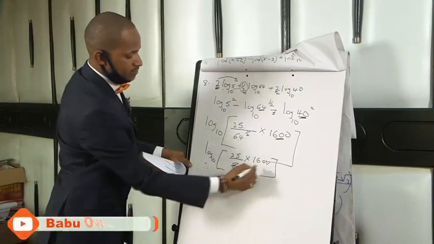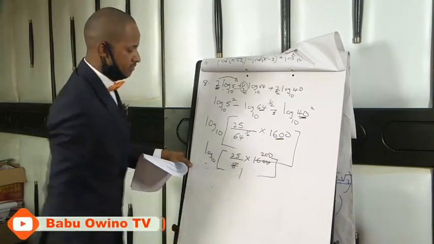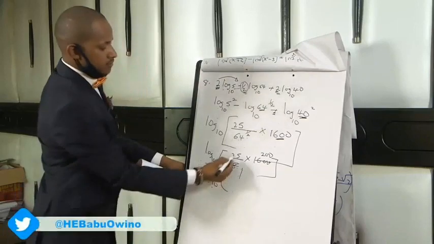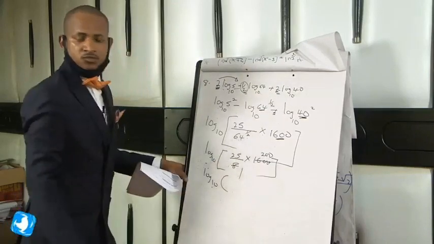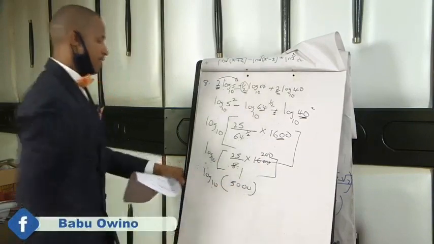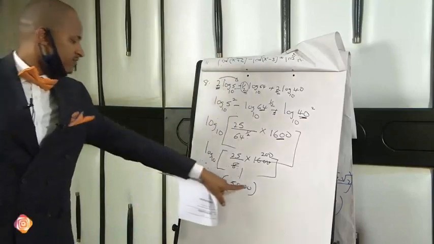So 8 here once, 8 here 200. So here we have log to base 10, 25 times 200 is 5000. So we have log 5000 to base 10.